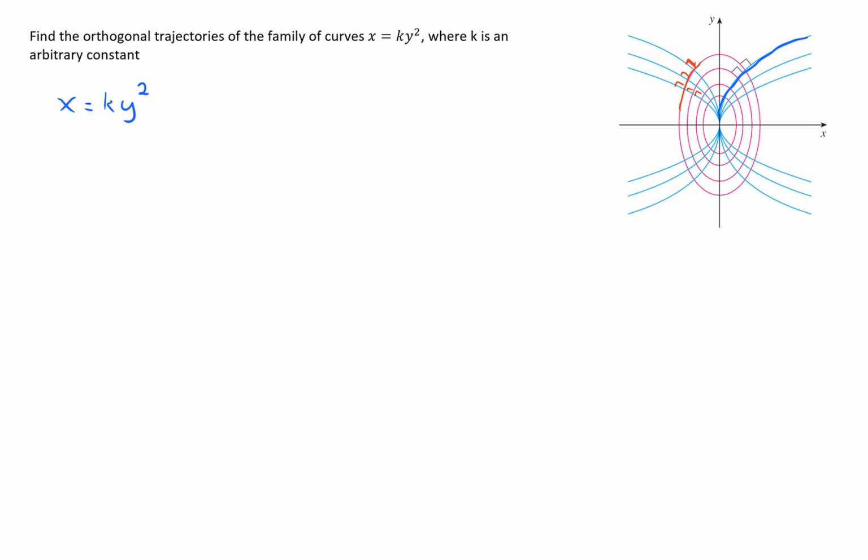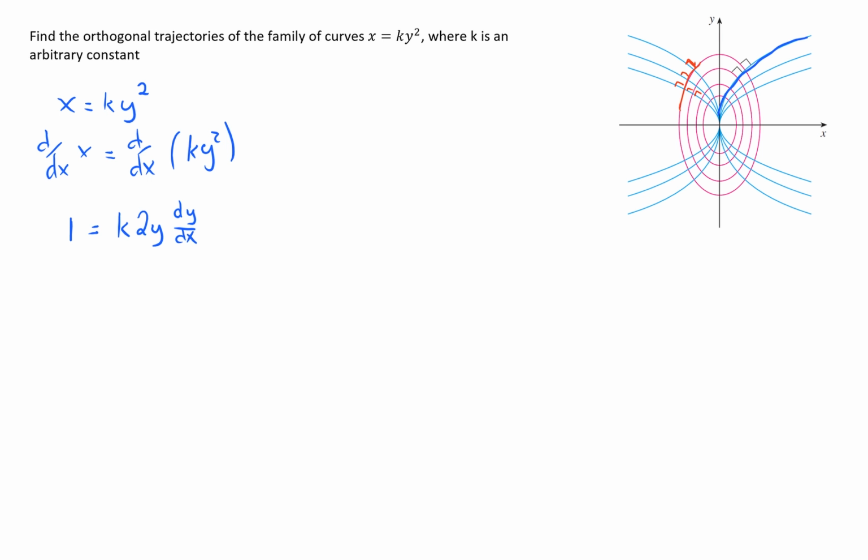The derivative. So I'm going to take the derivative with respect to x of both sides, and on the left side, that becomes a nice little 1. The k is a constant, so that pulls out, and then we have implicit differentiation, because I'm taking the derivative of y squared with respect to x.